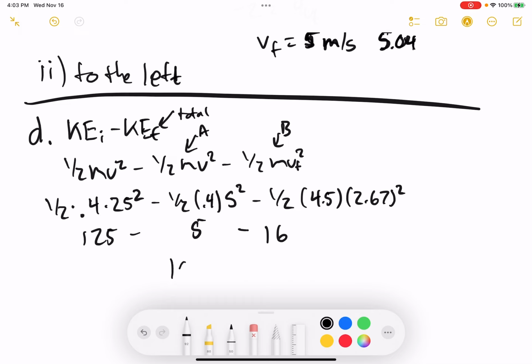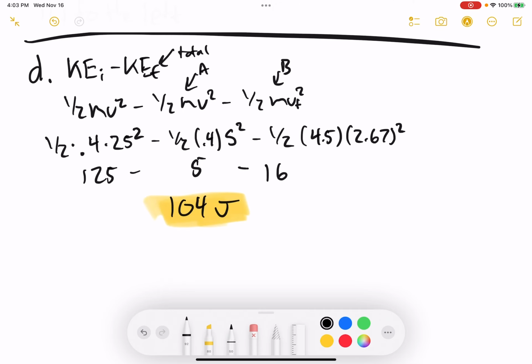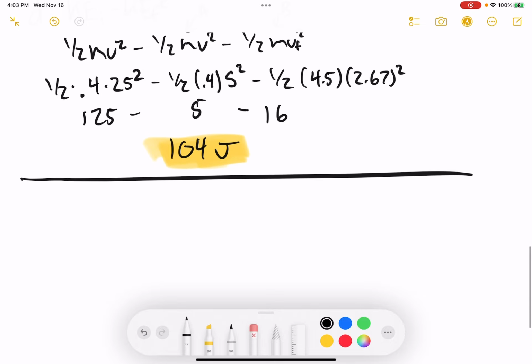So this equals 104 joules. Once again, it's a few decimal places off the answer key, but that's not really something to worry about. That's just a rounding thing. So that would be our energy dissipated.